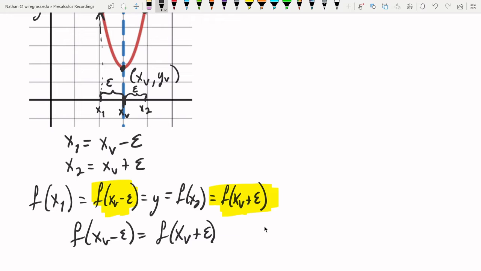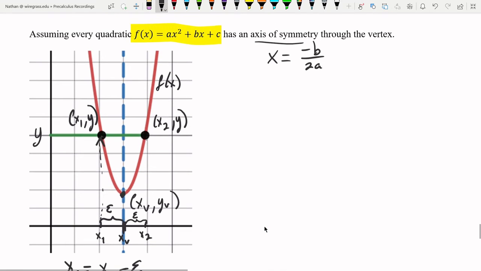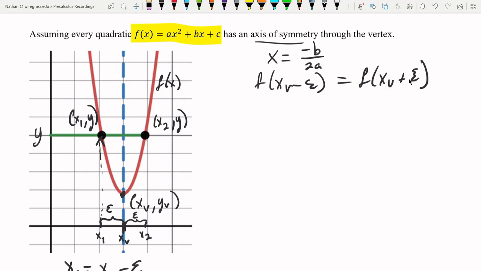If you can understand how I got to this point, then you will understand the rest of it, because the rest of it is just algebra. And the reason why I can move on from this is because now I can plug it into my function. So I was plugging in xv minus epsilon equals xv plus epsilon.